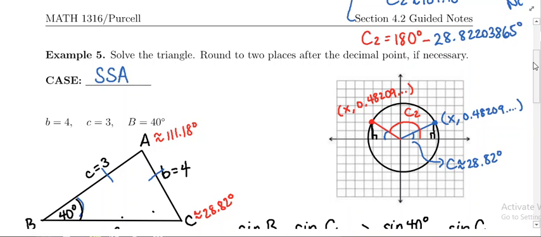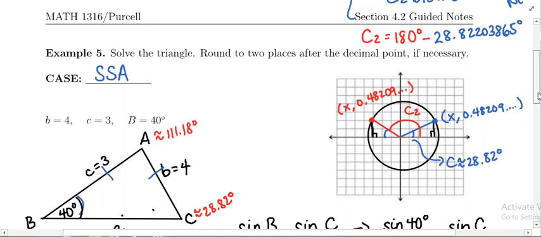So now that you've seen examples 4 and 5, you know the difference between one triangle and 2 triangles. Remember what you need to do in the ambiguous case. You're going to start the problem, in the situation where you know it's either one triangle or 2 triangles, and solve just like normal. You're trying to find the first angle, so you actually come up with a value for it.